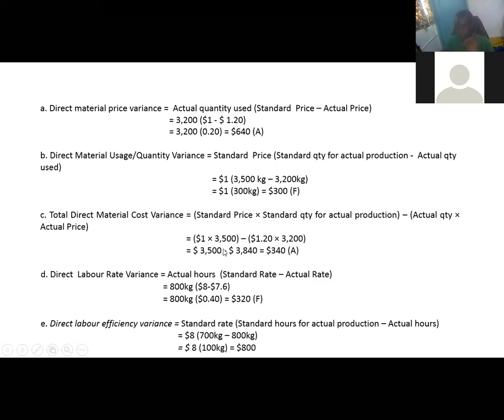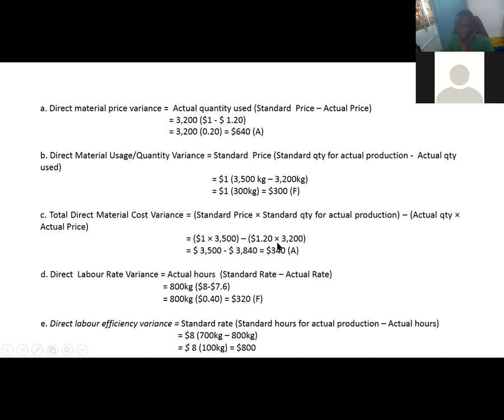Then you proceed with the calculation. When we multiply 1 by 3,500, we get 3,500. Minus, then we do the next multiplication, 1.20 times 3,200.